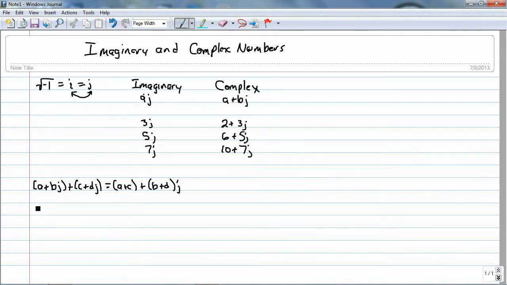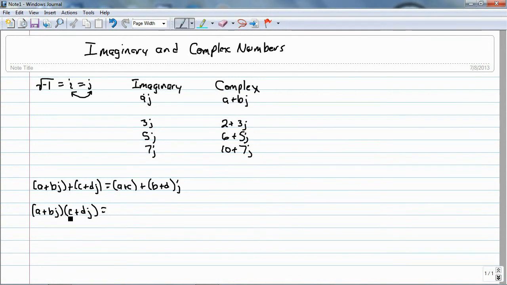The other is multiplication. And use the FOIL method. I don't need to use the parentheses there.